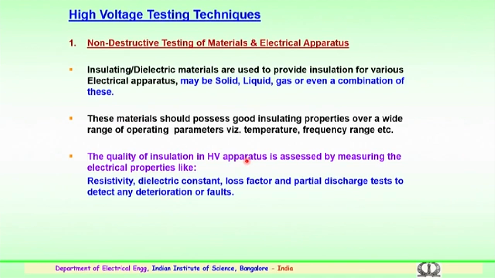These are a few of the things generally carried out for the non-destructive testing of materials, conducted in any laboratory or at the manufacturer's place to assess the properties of the materials.